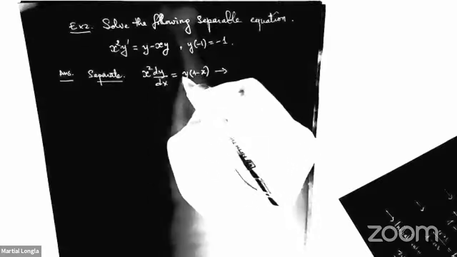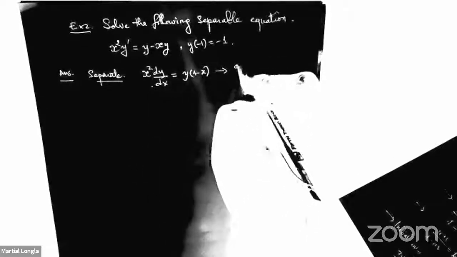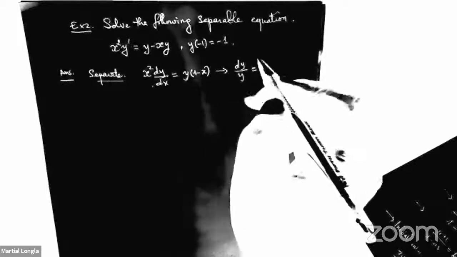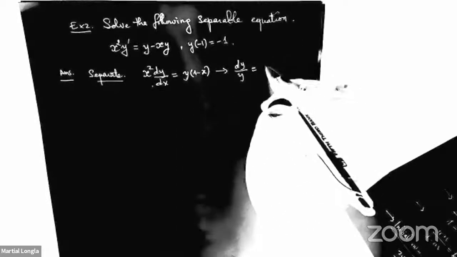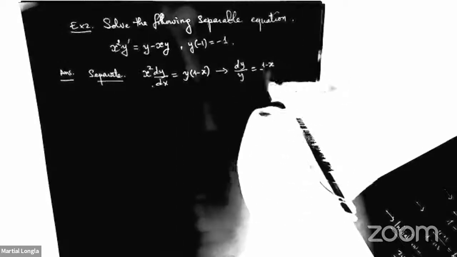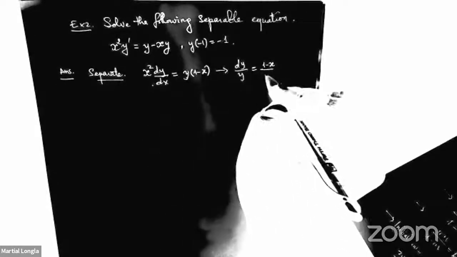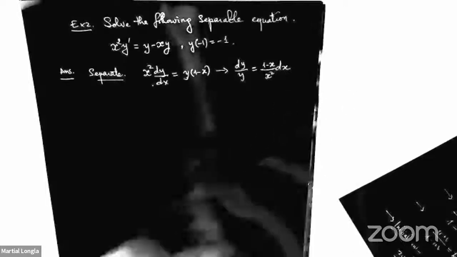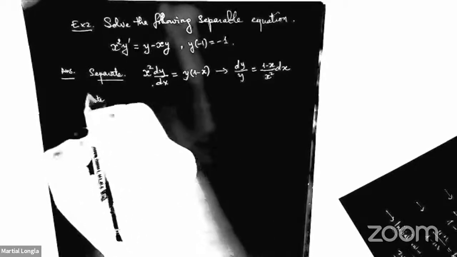So dy stands, y goes down. So that's dy over y equals 1 minus x, x squared goes down, and dx goes up. So that's how you separate the variables. Now they are separated. Then you integrate.